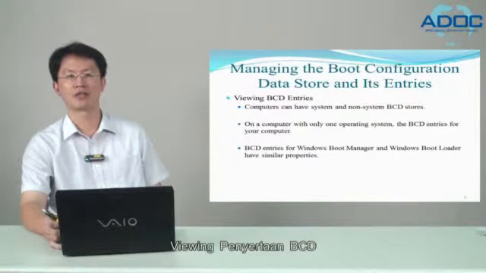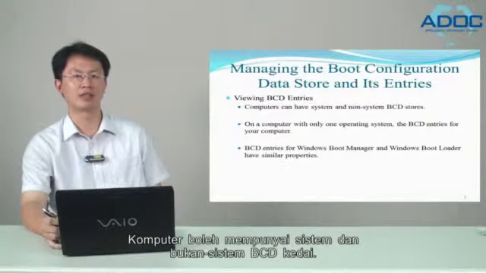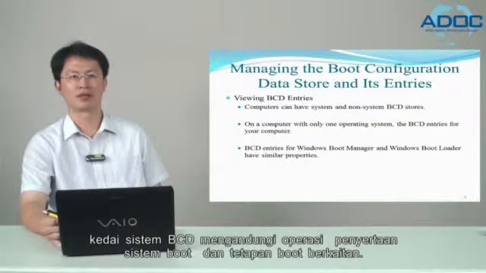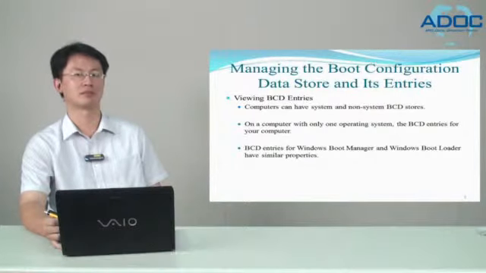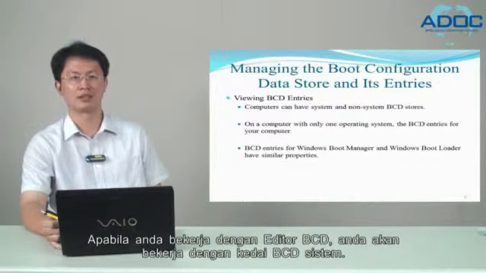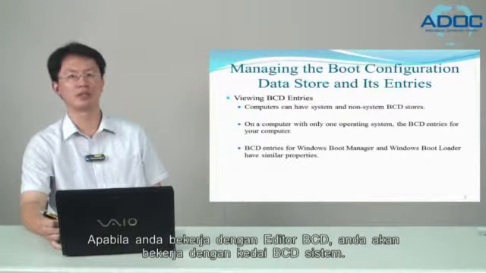Viewing BCD entries. Computers can have system and non-system BCD stores. The system BCD store contains the operating system boot entries and related boot settings. Whenever you work with the BCD editor, you will be working with the system BCD store.